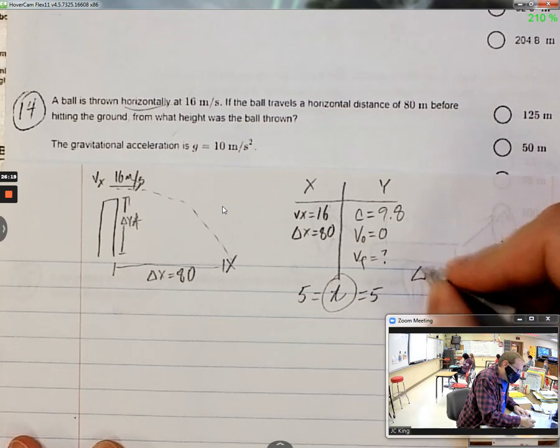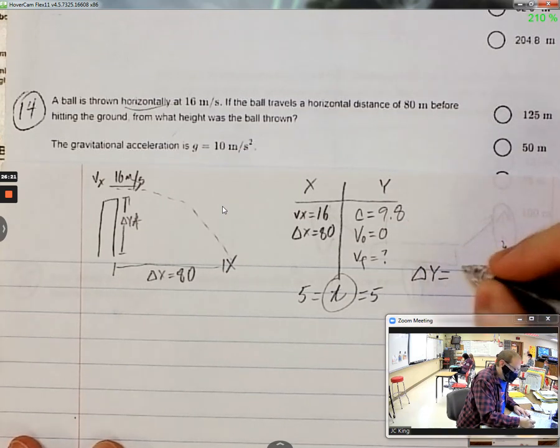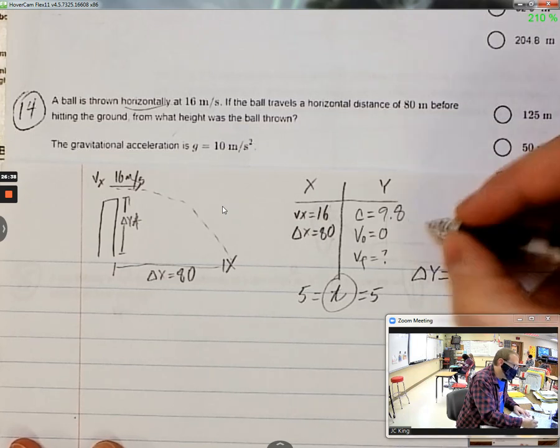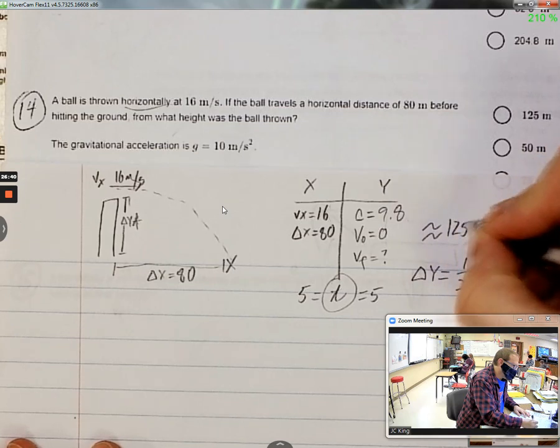So we can just say that delta y equals 1/2 AT squared. Okay, so t is 5, so t squared is 25. 25 times 10 is 250. Divided by 2, that's 125. So it's going to be awfully close to 125 meters.